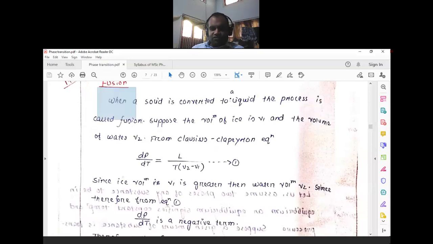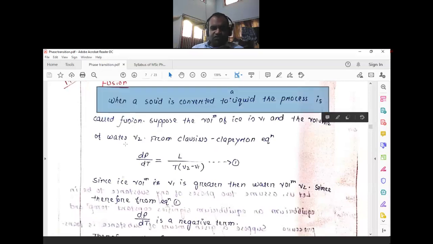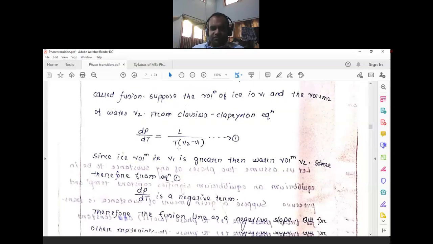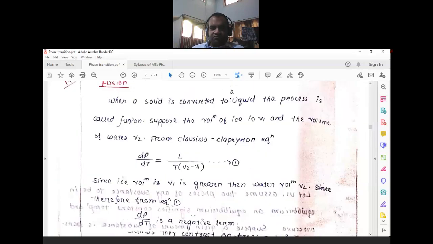Fusion means when a solid is converted to a liquid. Suppose the volume of ice is V1 and the volume of water is V2. Then how can you write the Clausius-Clapeyron equation? Here it is a bit interesting because of an unusual property of water.